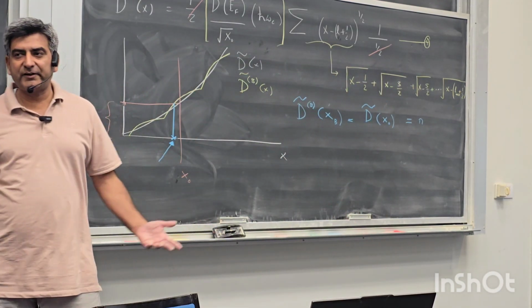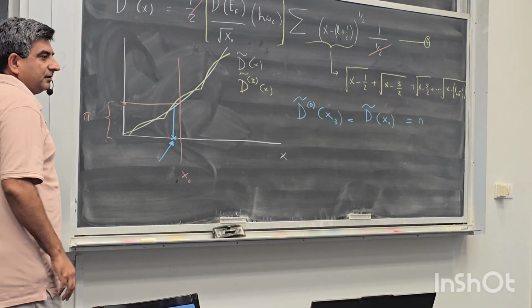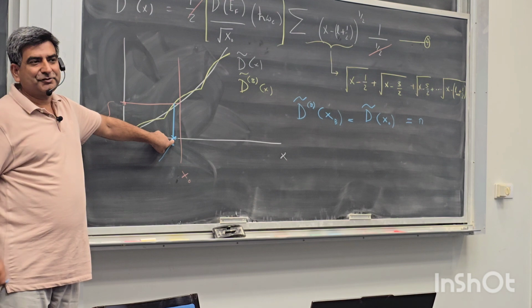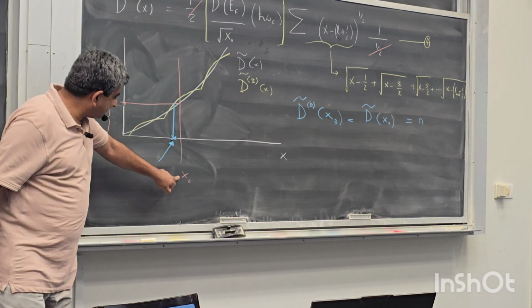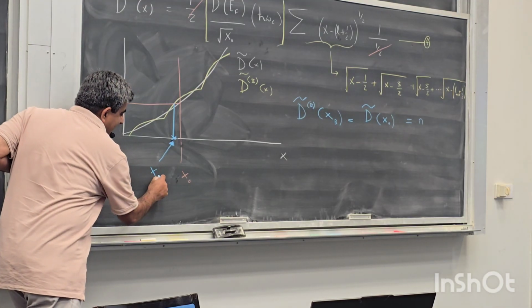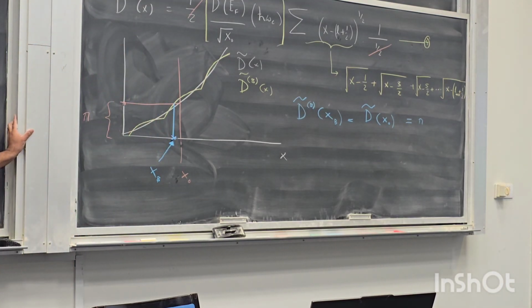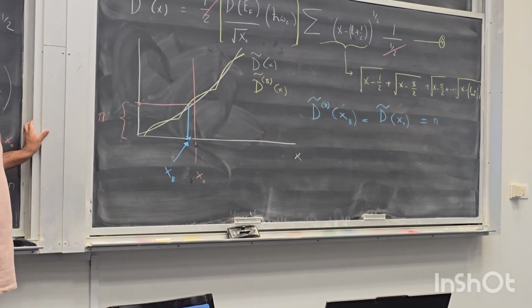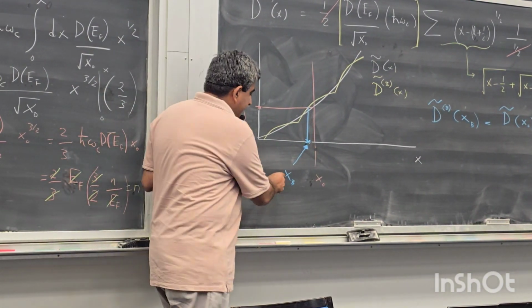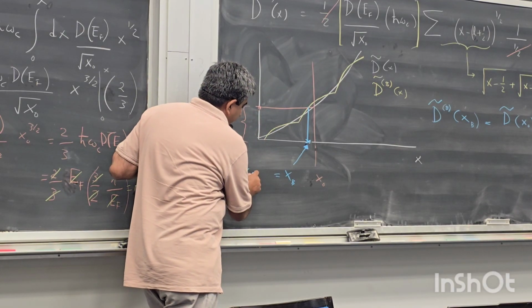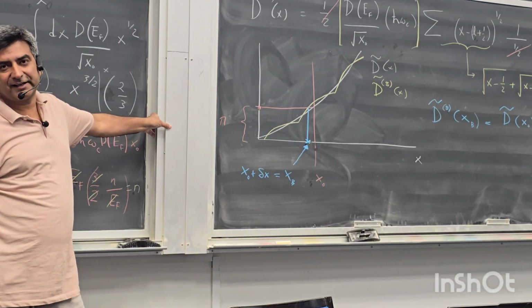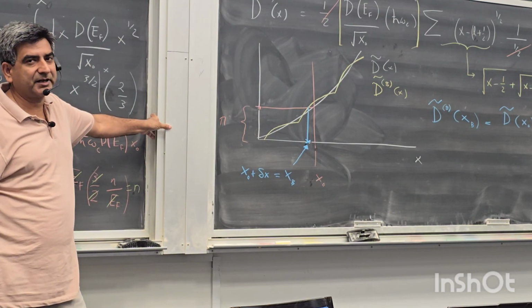Correct? Because the number of electrons is not changing. Hence this point is the new Fermi energy in the presence of a magnetic field corresponding to this Fermi energy in the absence of a magnetic field. So this is our x_B. Alright, got it? So the Fermi energy has slightly shifted. The Fermi energy is now x naught plus some change in the Fermi energy, delta x, imposed by the application of a magnetic field.